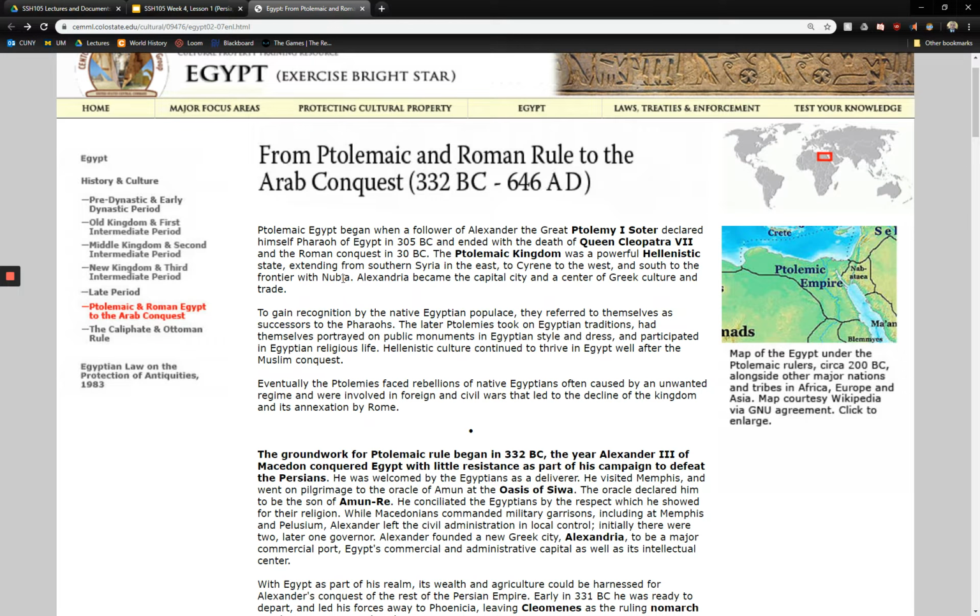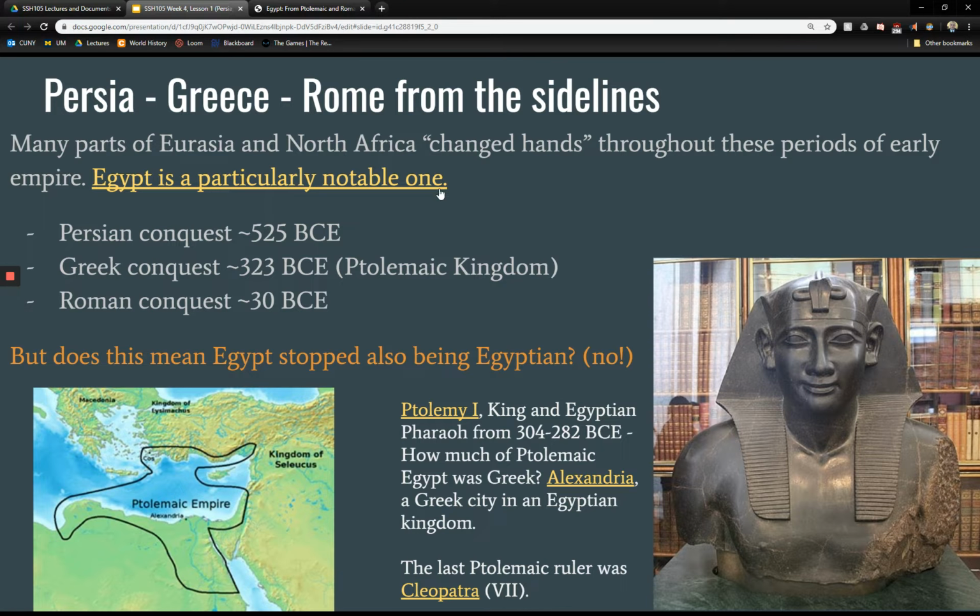And the history of Egypt under Greece is the Ptolemaic kingdom, and this is a long-lasting kingdom that really shifts Egyptian history. And I wanted to point this out.